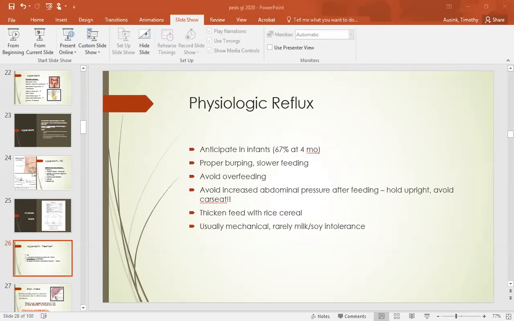Then we also want to rule out if there's any intolerance or if it's just solely mechanical. A lot of parents will say, oh, my child needs soy milk. So you're going to have to see where you fall and where your attending falls on that. You can try it.